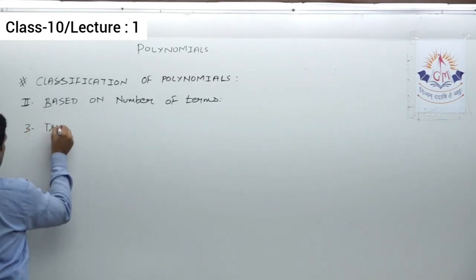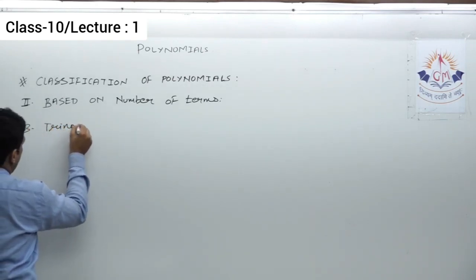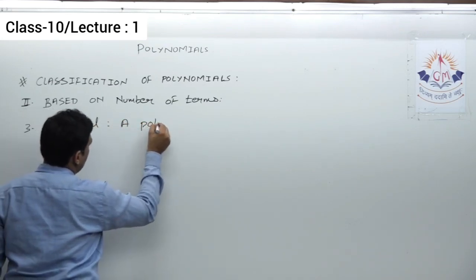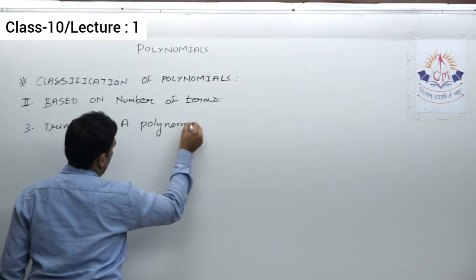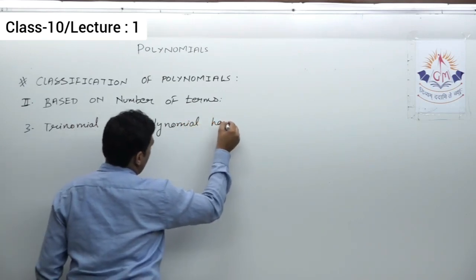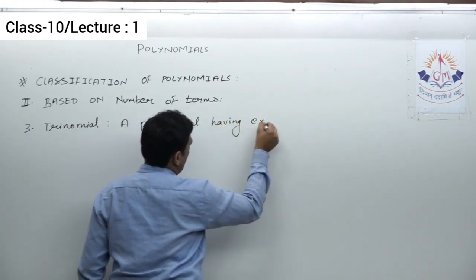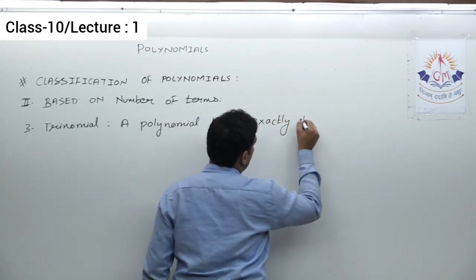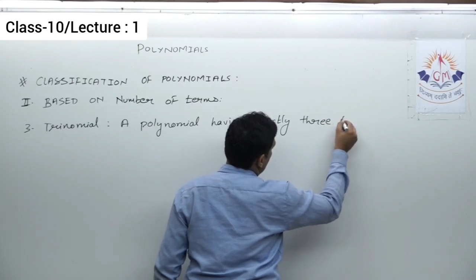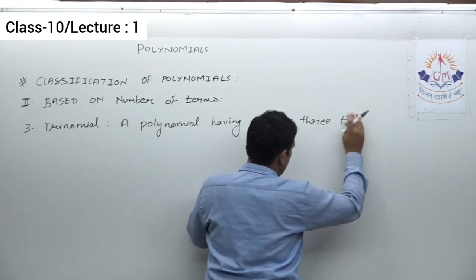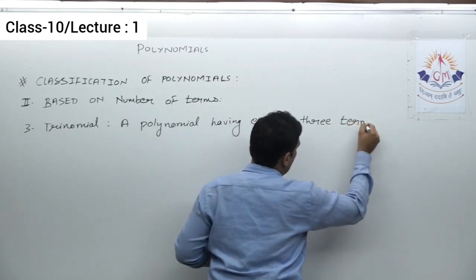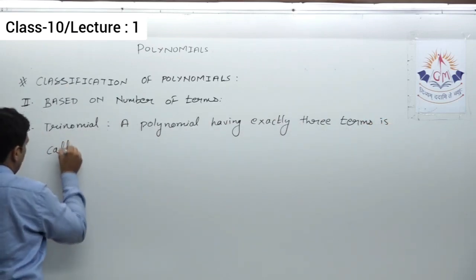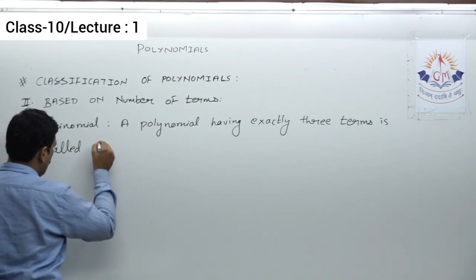Third one is trinomial. Okay, a polynomial having exactly three terms is called trinomial.